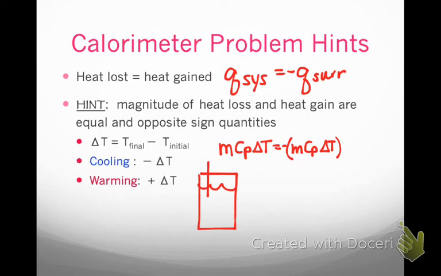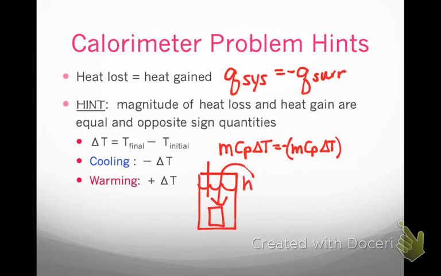Let's just say I want to figure out the heat capacity of a metal. And I'm going to heat up that metal in boiling water. And then I'm going to take that metal and I'm going to add it to this cool water.